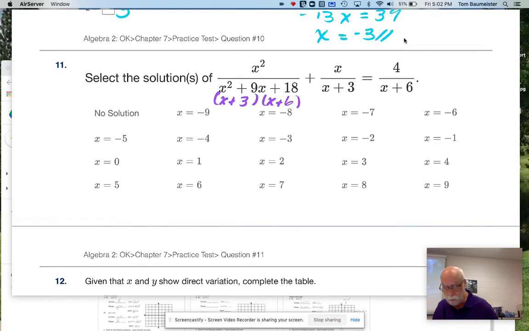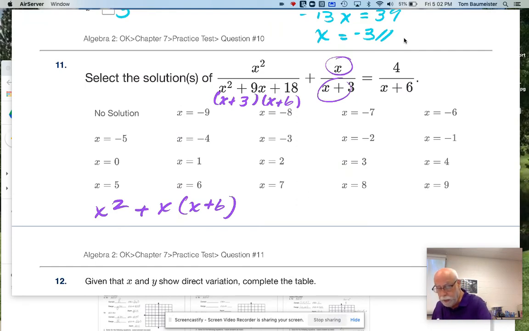On the very first one, we have nothing going away. On the second one here, what do we have on the bottom? We have x plus 3. So we are going to have an x times x plus 6, right? And then on the last one there, I have the x plus 6 on the bottom.